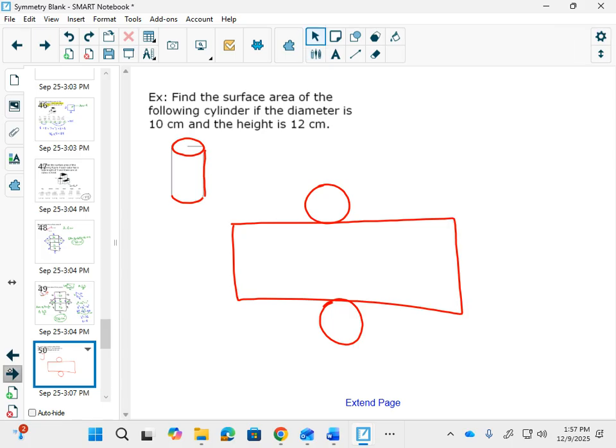We have to know some formulas, and again, these formulas are going to be on your formula sheet. We need to know the area of a circle. It has this formula, pi r squared. We need to know the circumference of the circle.